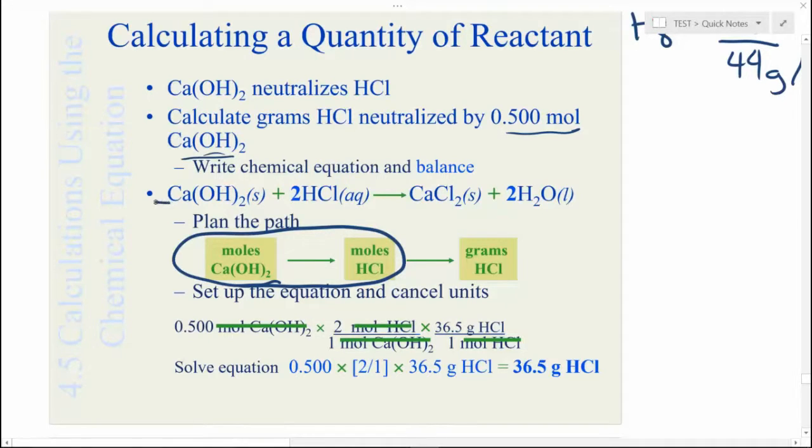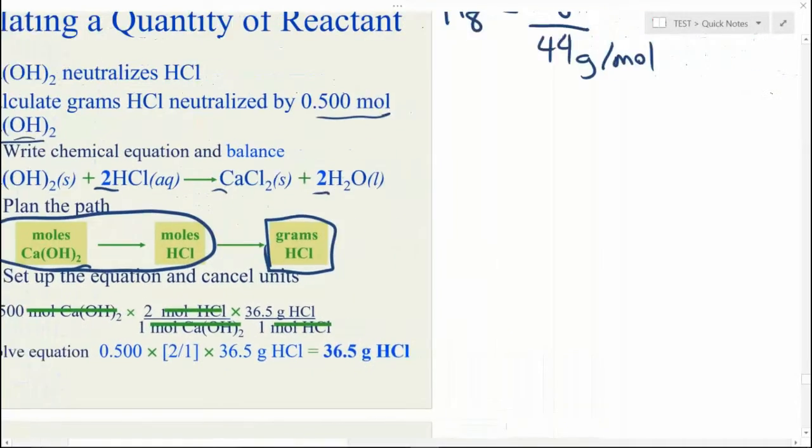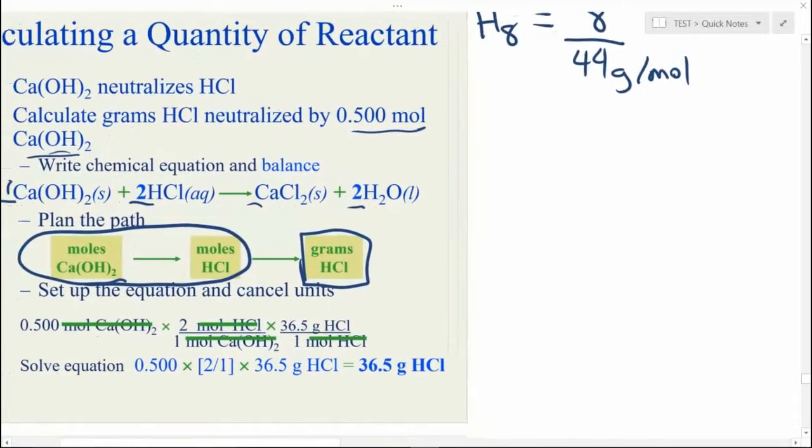So here we see that 1 mole of calcium hydroxide will react with 2 moles of HCl to produce 1 mole of calcium chloride and 2 moles of water. And ultimately we want to find the grams of HCl that are going to react with that 0.5 moles of calcium hydroxide. So that's the path.